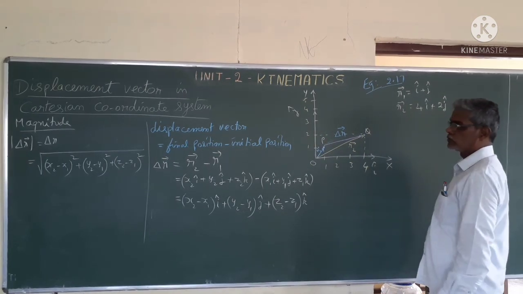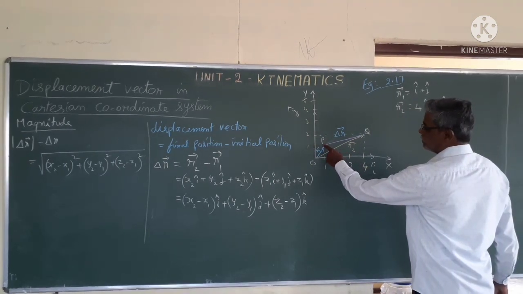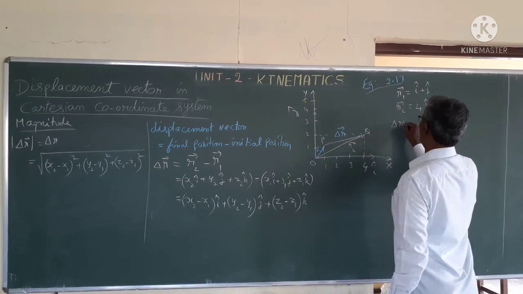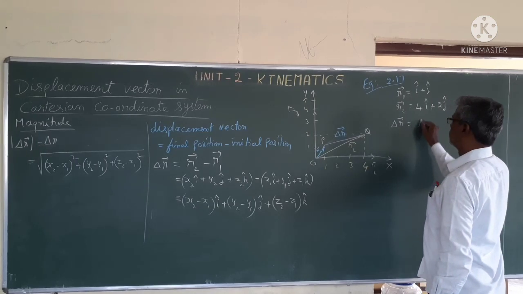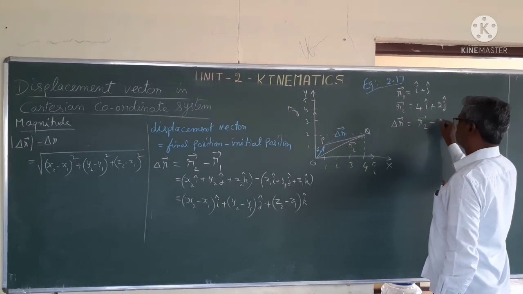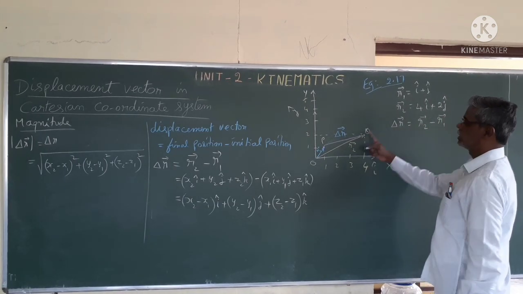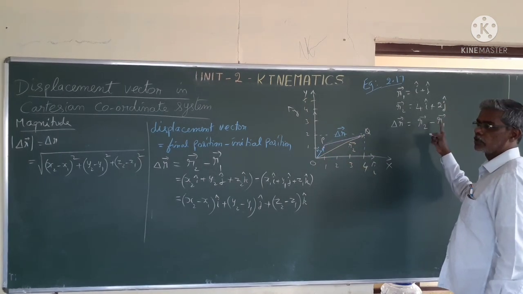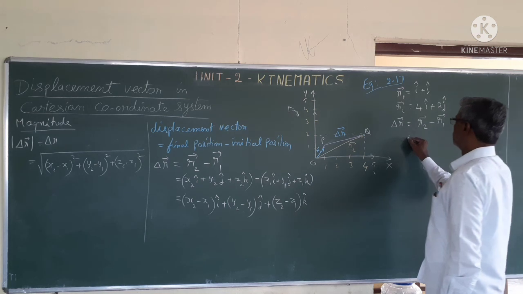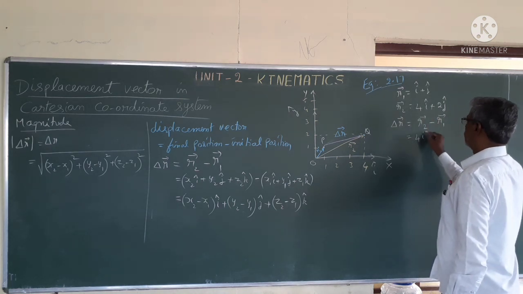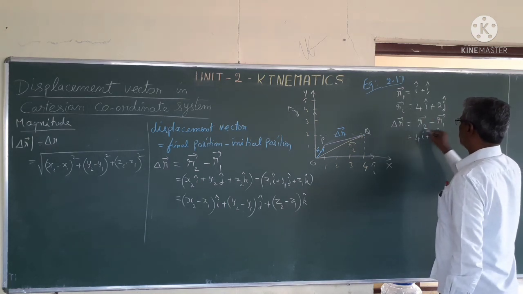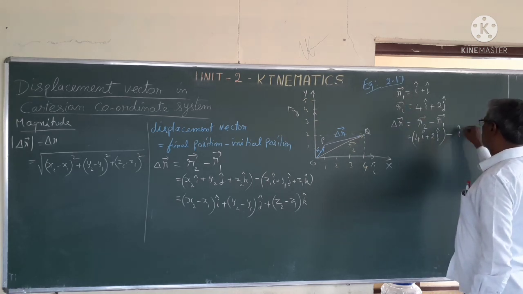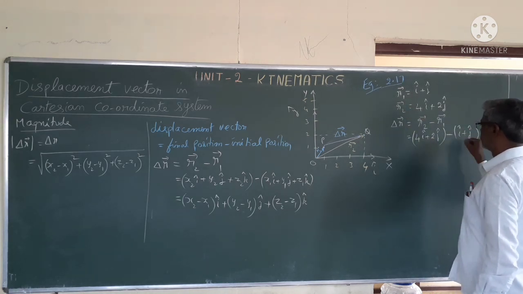Now I want to find out the displacement vector. The particle has moved from P to Q. So this displacement is delta R. So delta R vector is equal to final position minus initial position. That is R2 vector minus R1 vector. So R2 vector is 4i plus 2j minus R1, which is i plus j.